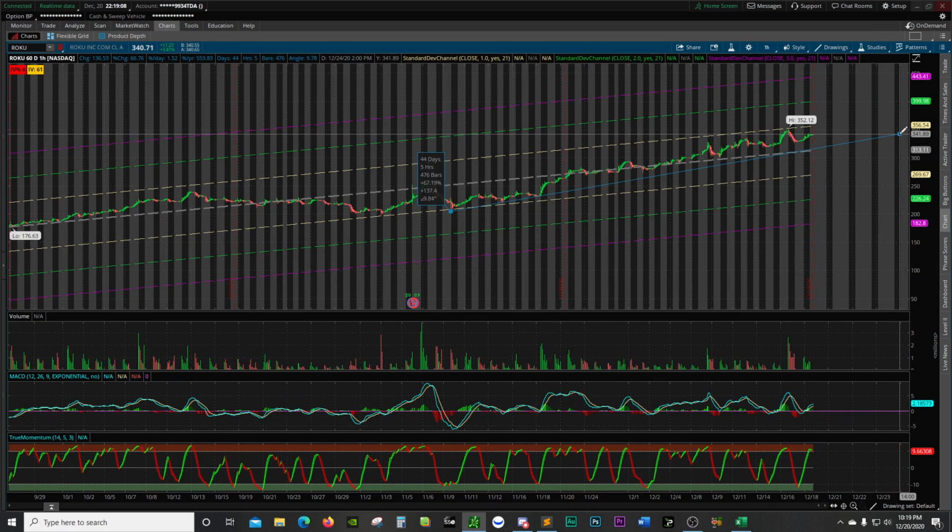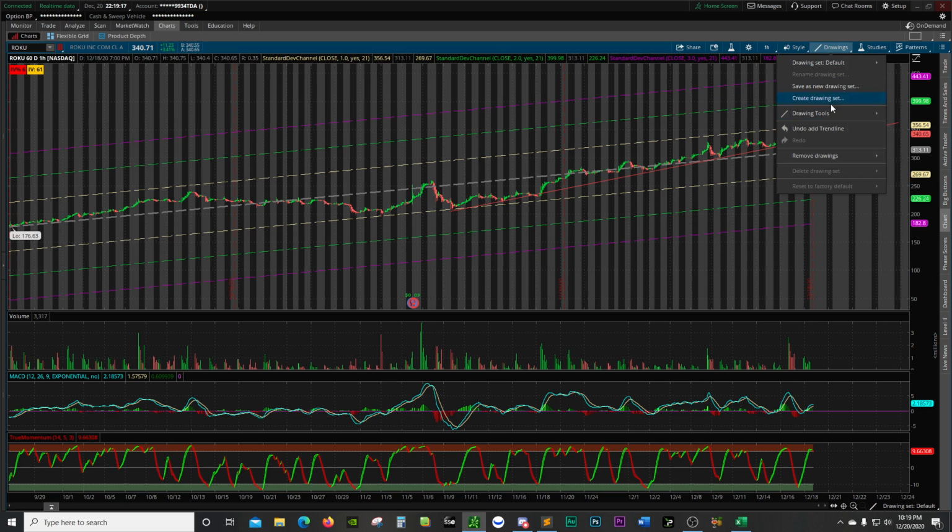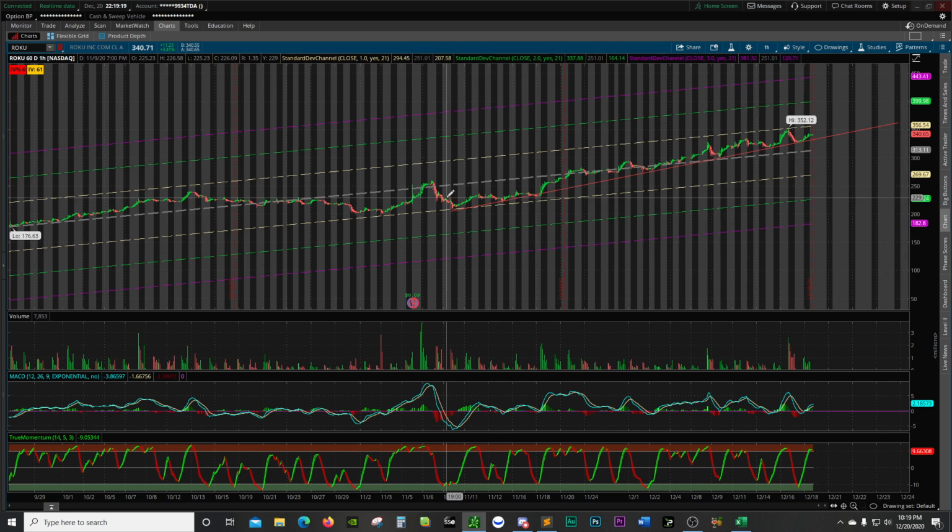I could argue that, but I don't. I would go more like that, right? Because when I draw a trend, I like to incorporate as many points touching that trend as possible and kind of average it out, if that makes sense. So you see all these points that are touching that trend line, right? That's a lot.